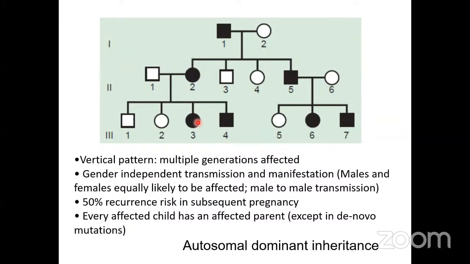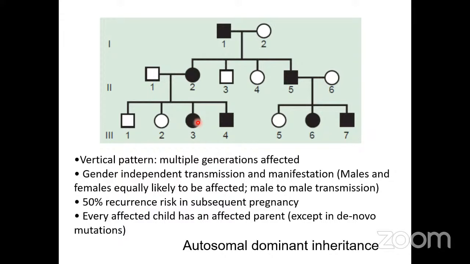That means if a person is carrying a mutation of achondroplasia, he has to be short. There is no question that his shortness is masked. So it has to be expressed in everybody. Suppose the parent of an achondroplasia child is of normal height, it is not possible for him to carry that mutation. So it's always a de novo mutation in such a scenario.